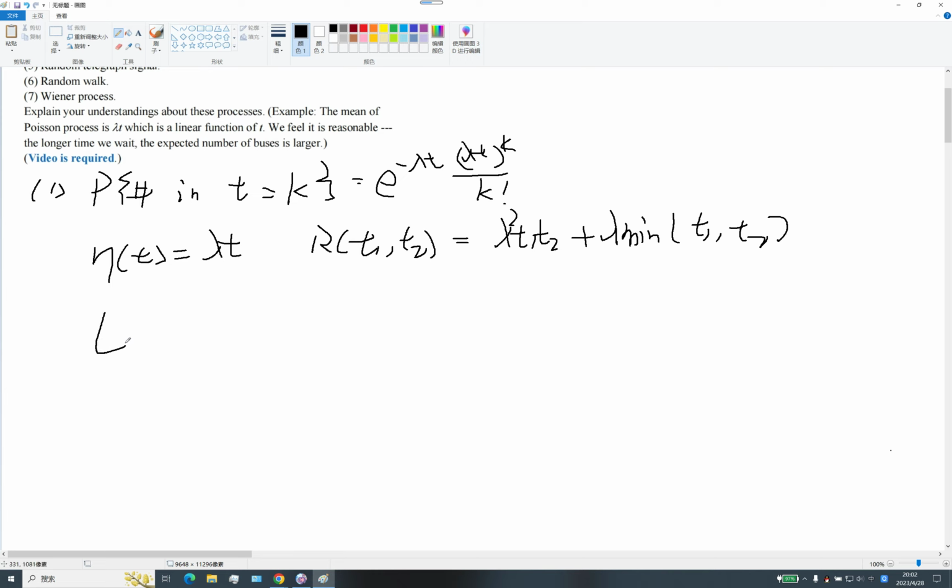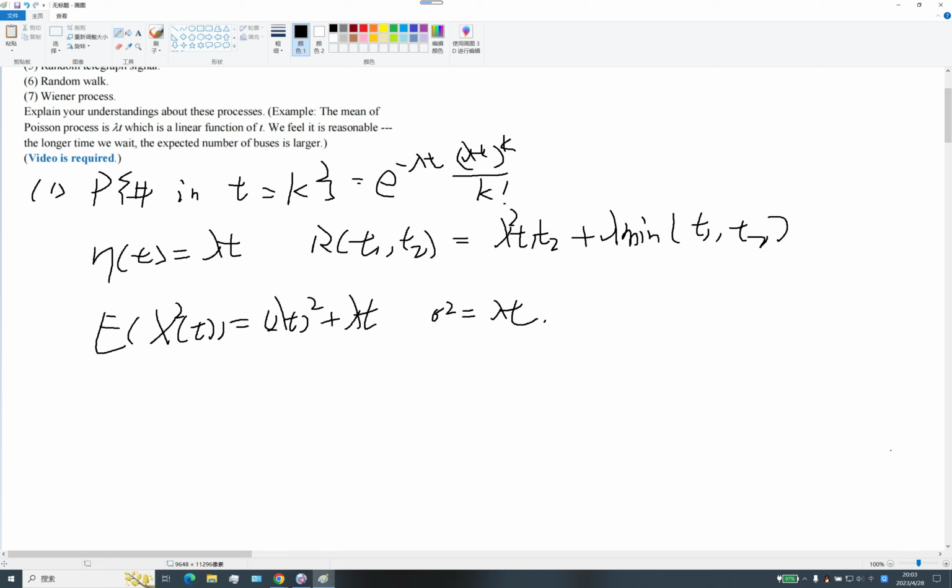And the second moment, E[X²(t)], is equal to (λt)² plus λt, and the variance is equal to λt.